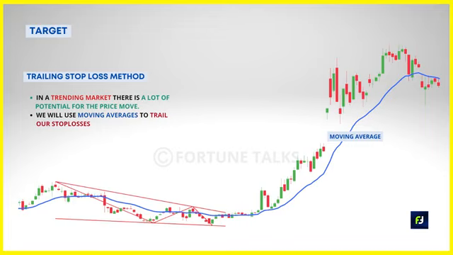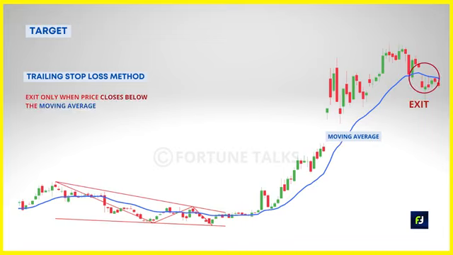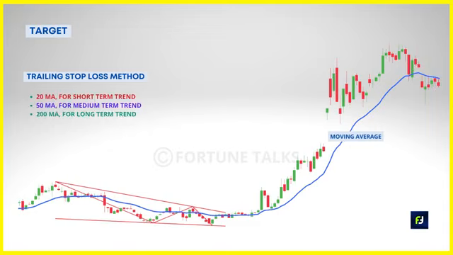Now, the trailing stop loss helps you ensure you ride the entire trend. To trail your stop loss in the best possible manner, you can use moving averages or Chandelier stops and only exit the trade if the market closes below it. And if you are using moving averages, use 20, 50 or 200 period moving averages depending on whether you have a short term, medium term or long term trade objective.